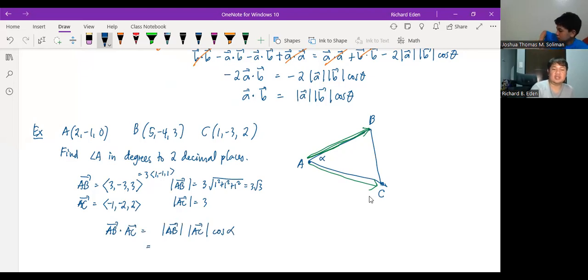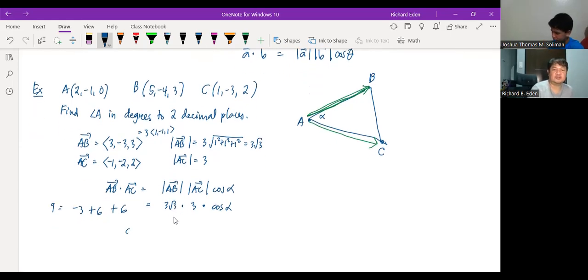The product of the lengths, that's 3 square root of 3 times 3, and then cosine alpha. I use the dot, but it's clear it's not dot product because it's just real numbers. Now, as for AB dot AC, we just multiply corresponding components. 3 times -1, -3, plus 6, plus 6. So on this side, that's 9.